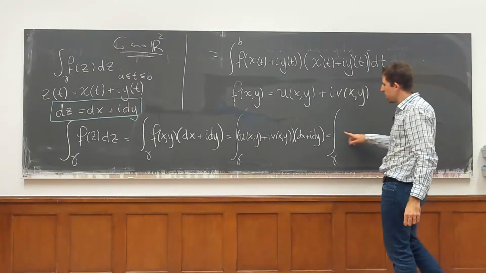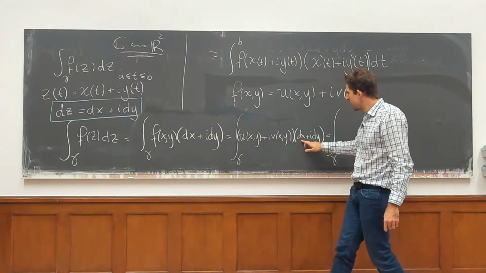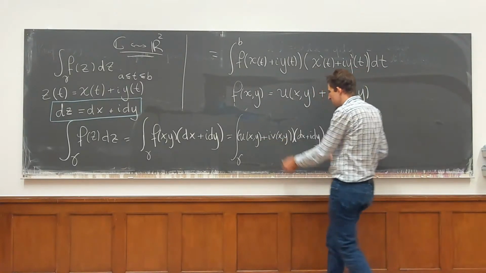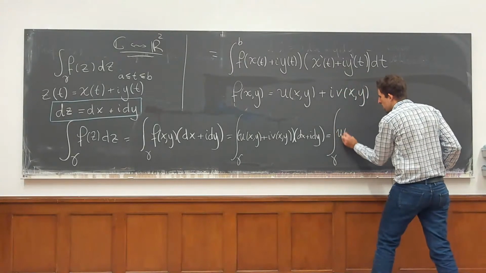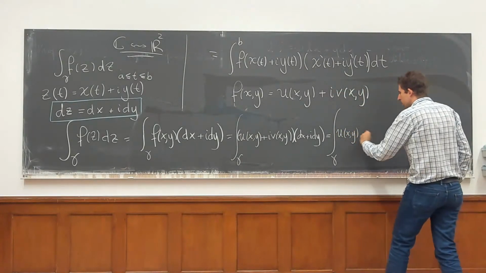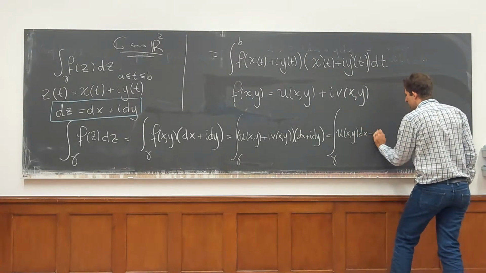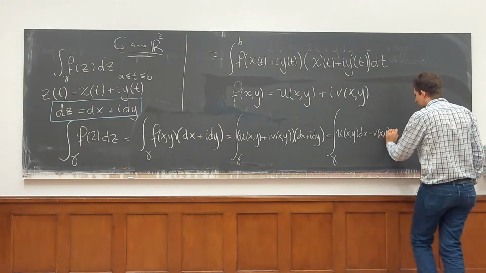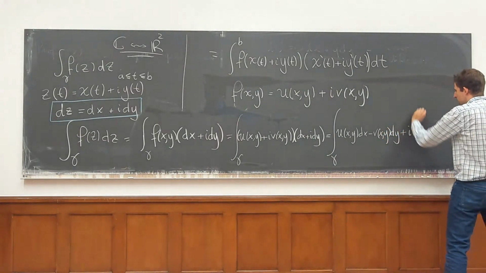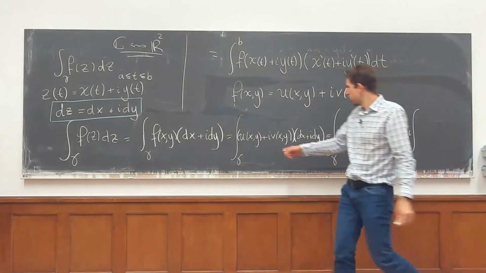Over gamma, the terms that don't have an i give u(x,y) dx, and then the i squared becomes a minus 1, so there's no i, and I get minus v(x,y) dy, plus i times the integral of the other terms.